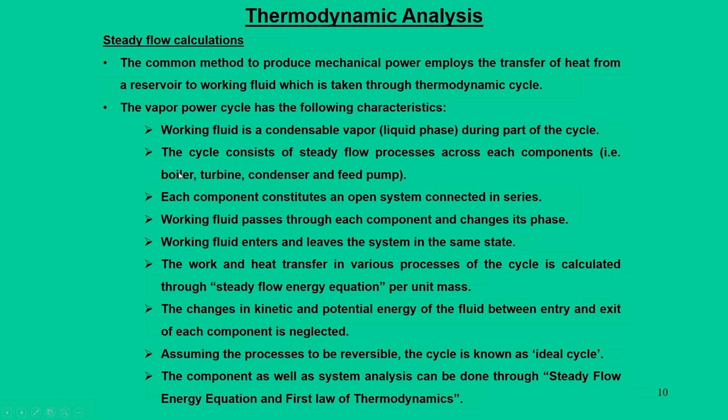Boiler supplies heat energy to the working fluid, turbine produces work output, condenser condenses the steam to water, feed pump supplies the working fluid of required volume, and each component is an open system. They are connected in series.